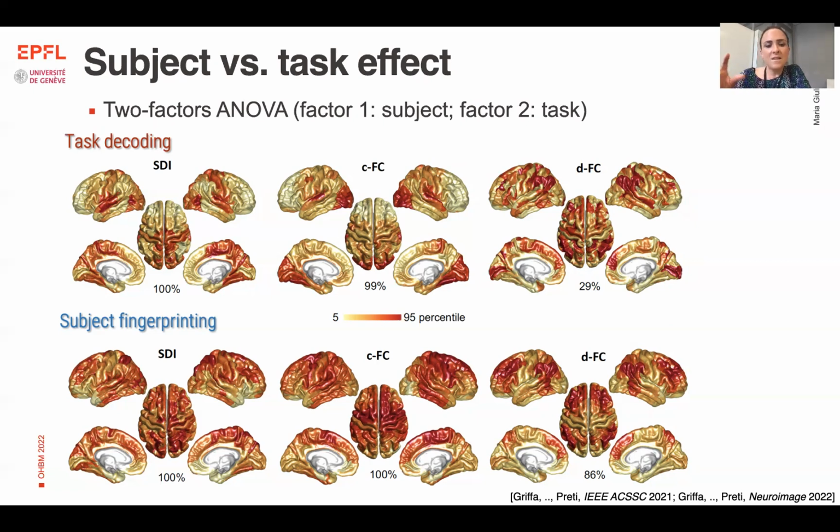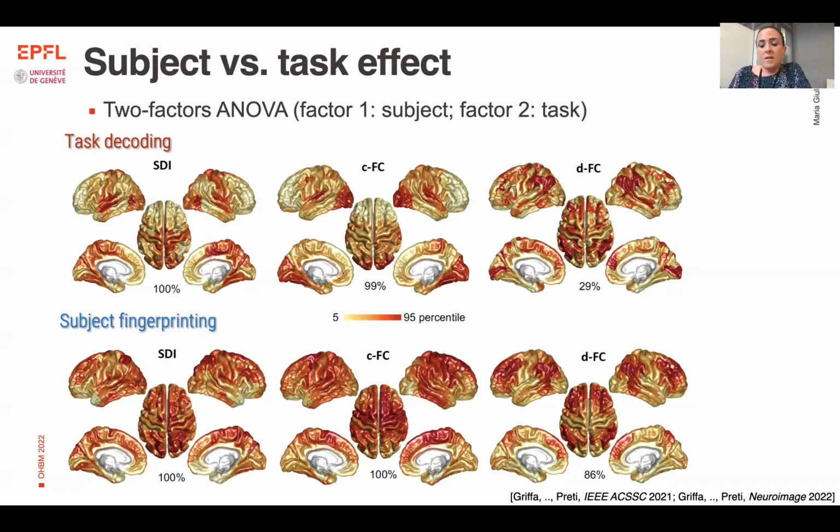In particular, the task decoding brain pattern is more related to unimodal, so it includes more unimodal patterns, so primary sensory regions, while the second one, the subject fingerprinting, is more related to bigger patterns that include also regions that we know being more related to fingerprinting.